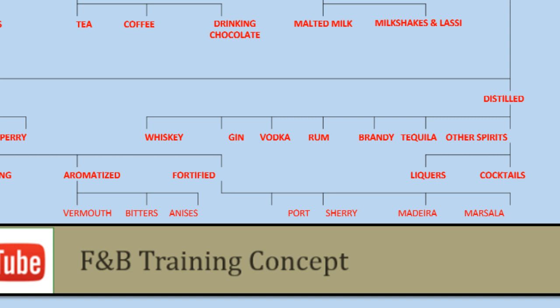And then we're going to make another slide featuring fortified wines, where we'll talk about port, sherry, Madeira, and Marsala so that you can know the difference between these kinds of fortified and aromatized wines.